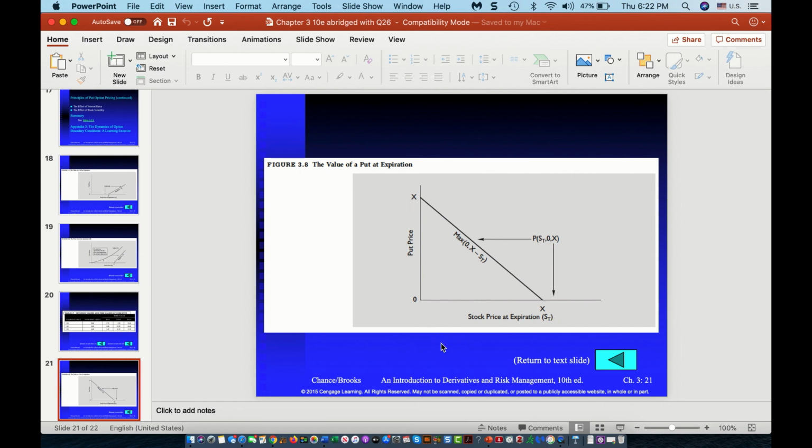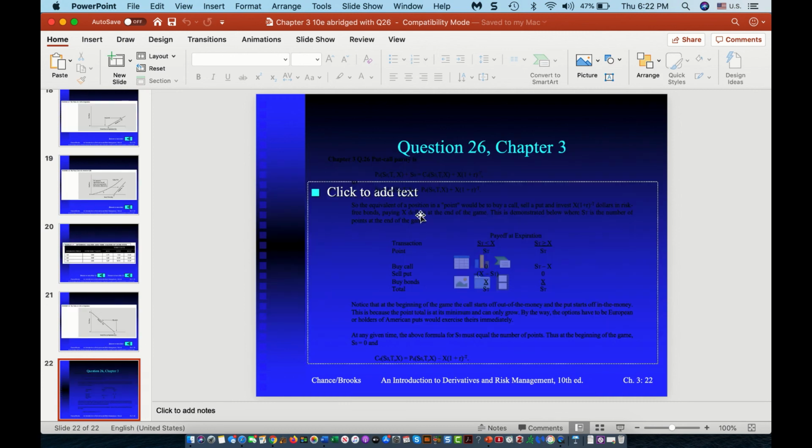And so what we now have are these slides that you need to focus on, but I also say make sure that you do the suggested problems and consult the solutions. And one of the suggested problems I would like to draw your attention to is question 26 in chapter 3.